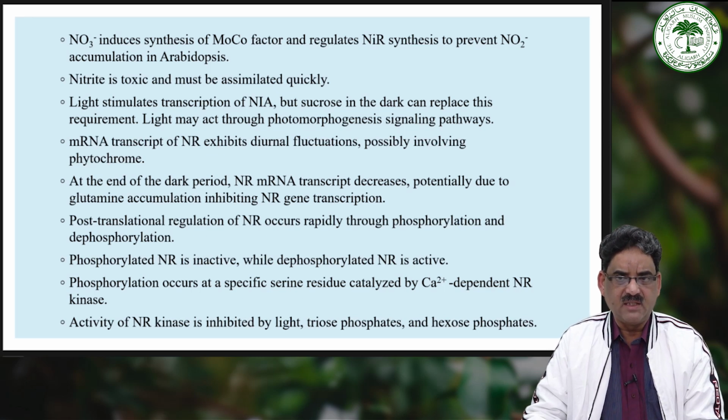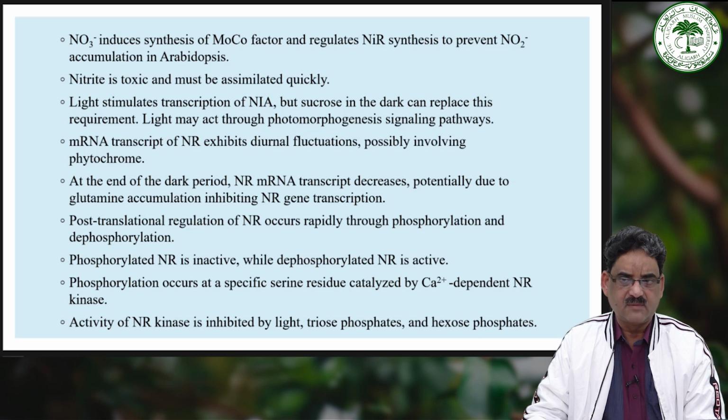Following transcription initiation, messenger RNA levels of nitrate reductase exhibit diurnal fluctuations, possibly influenced by phytochrome activity. At the end of the dark period, there is a decrease in nitrate reductase mRNA, possibly due to the accumulation of glutamine, which inhibits NR gene transcription.